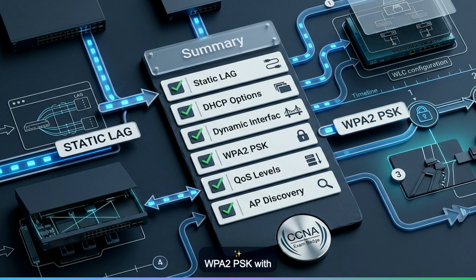WPA2 PSK with AES on the Layer 2 Security tab. QoS levels: Platinum voice, Gold video, Silver best effort, Bronze background. AP discovers via broadcast, option 43, DNS, or manual config, then joins and downloads its config. The WLC GUI is the only CCNA configuration tested in a browser, not a terminal.